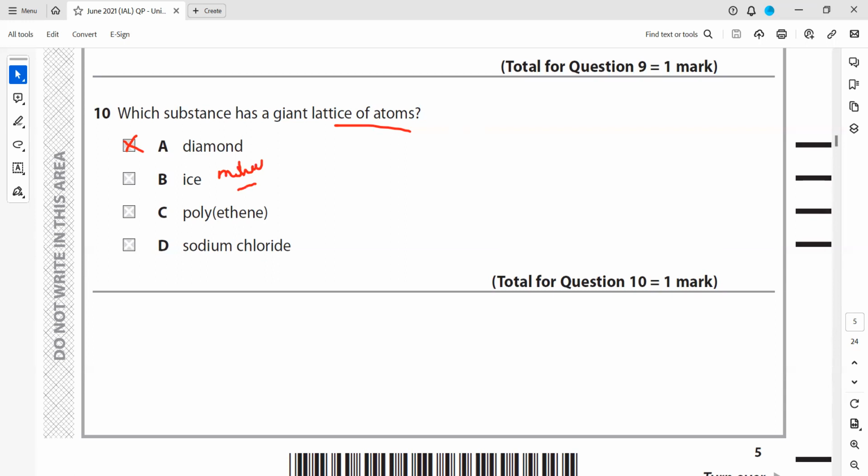When we talk about polyethylene, a polymer contains a long chain, but it is not a lattice, like not a regular arrangement, because there are different types of polymers as well. Low density polymers are there, high density polymers are also there. So they don't have a lattice. And sodium chloride, it is having a lattice, but it has a lattice of ions. So if it was a lattice of ions, then we'll mark sodium chloride.